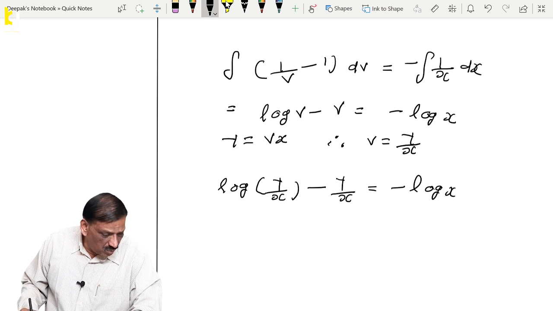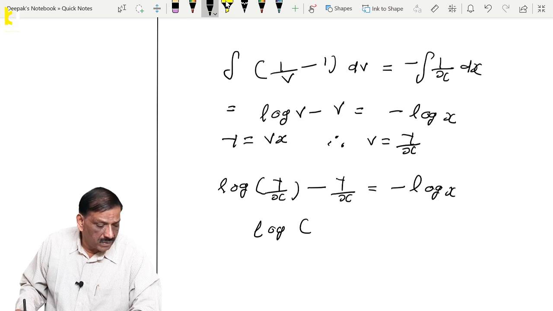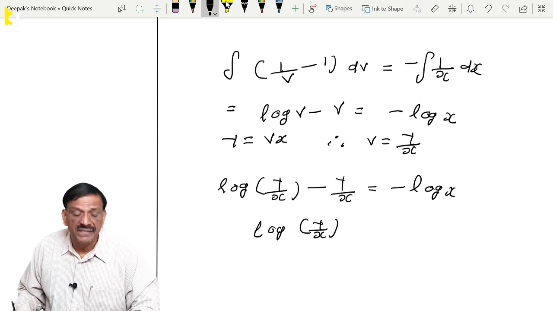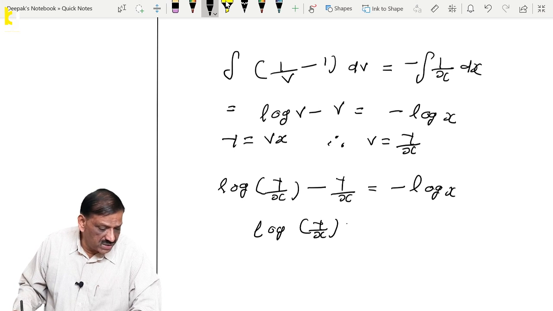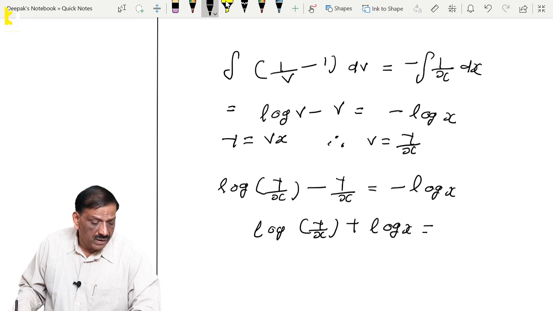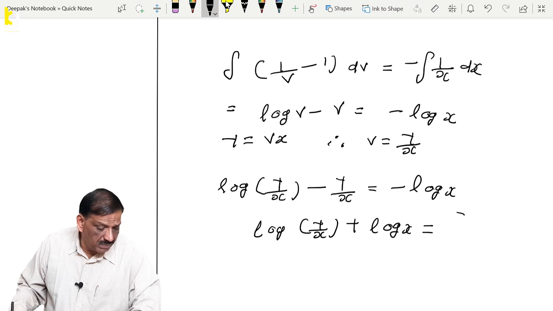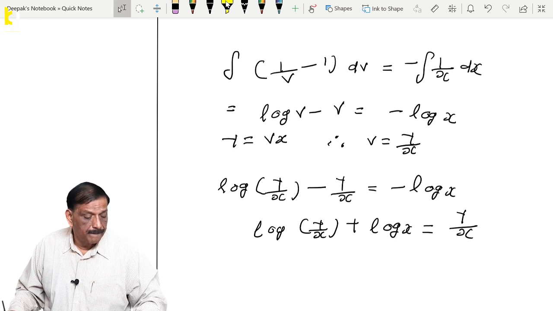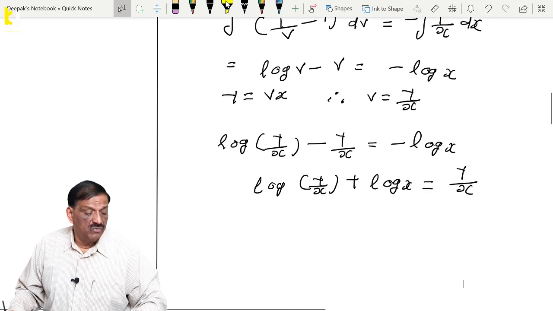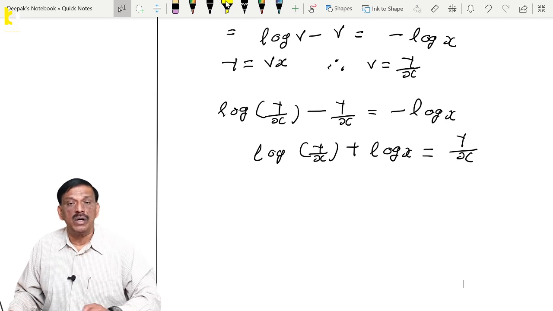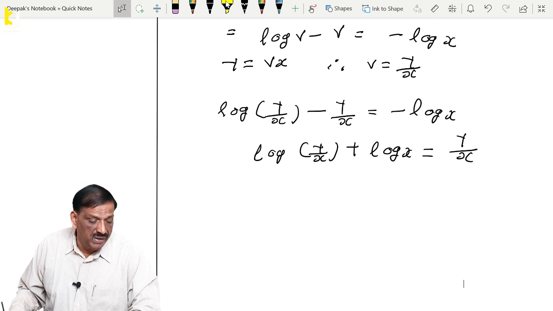So, this is equal to log y by x, bring minus log x to the left hand side. So, this is equal to plus log x and bring minus y by x to the right hand side. So, it will be plus y by x. That is equal to, we know log a plus log b, that is equal to log a into b.